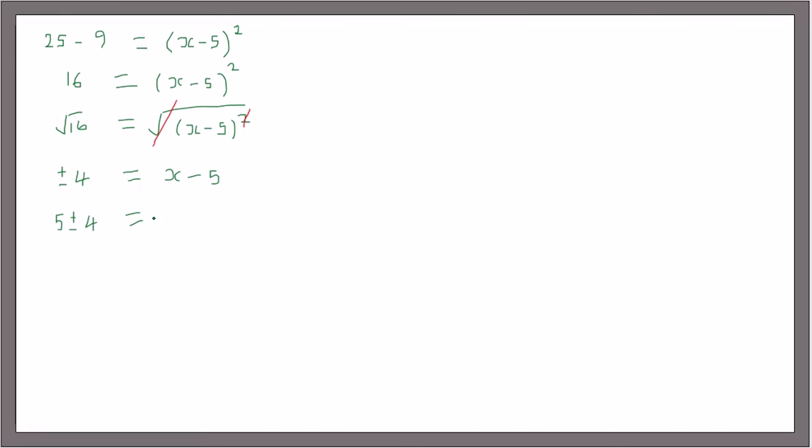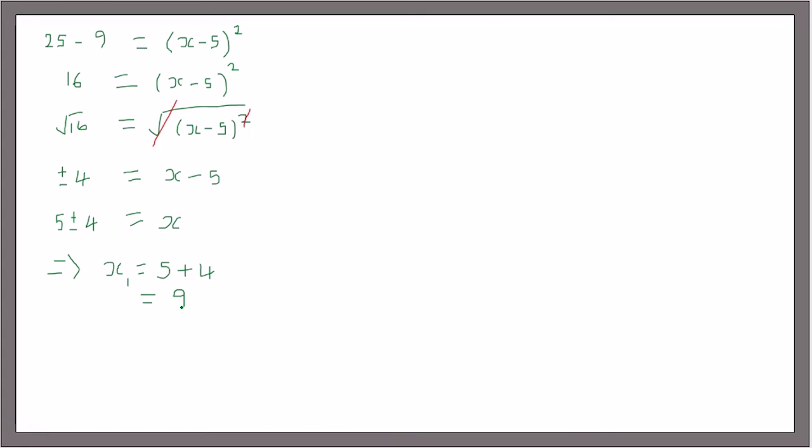So to get the two values of x, the first one we shall consider the plus in between. So the first value of x, we call it x1, is equal to 5 plus a 4. Guess what it gives you? This is a 9. Okay, that is the first value.